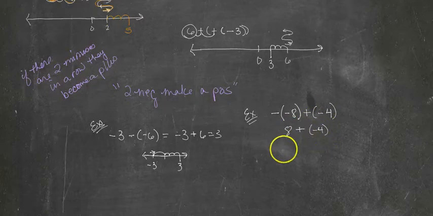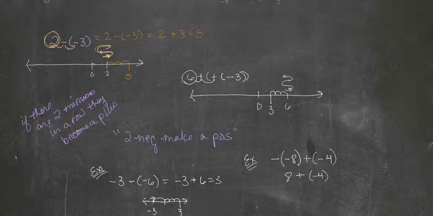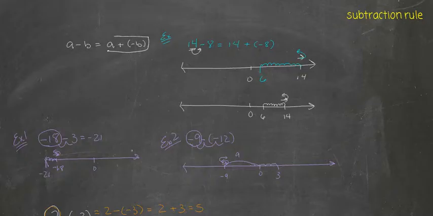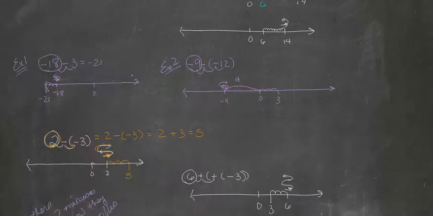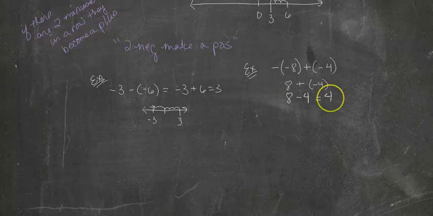So on the number line, or using the math rule, we can say in reverse, we know that 8 plus negative 4, let me come up here where we started, something plus negative something is the same thing as just subtracting that. So a plus minus becomes 8 minus 4, and so this answer is 4.